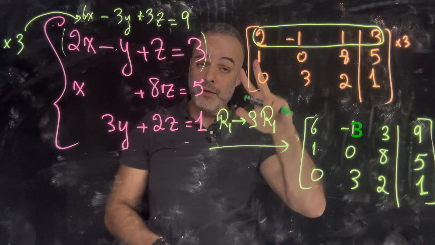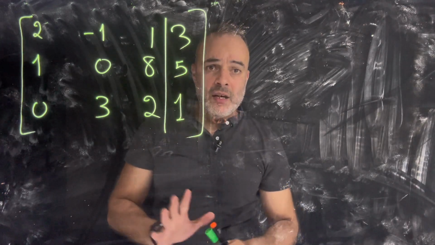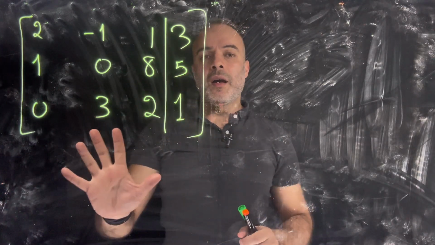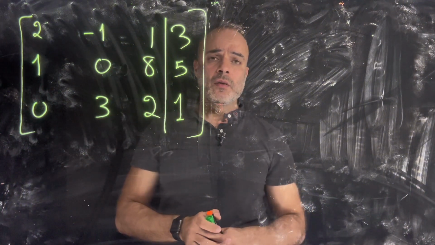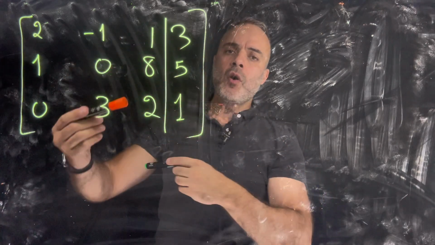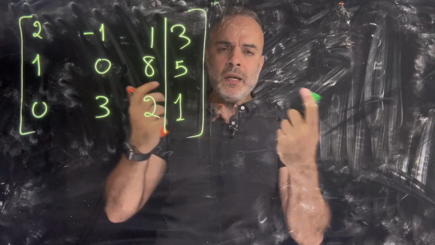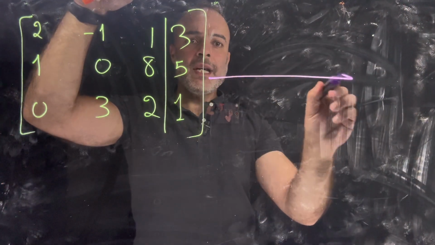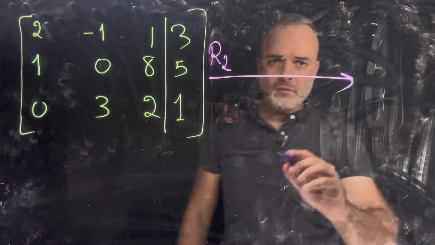Now the third row operation tells me that I can multiply any row and add it to another row. So if I multiply any row by a number and I add it to another row and then replace it with a new row, it's not going to change the system. Let me give you an example. Let's say I want to change R2 by the following.